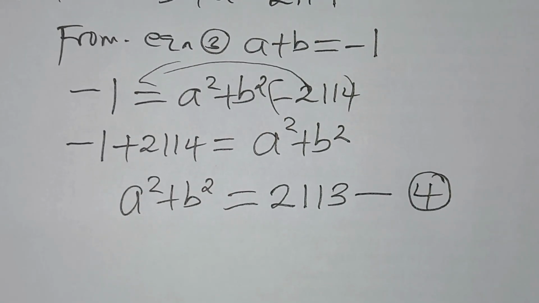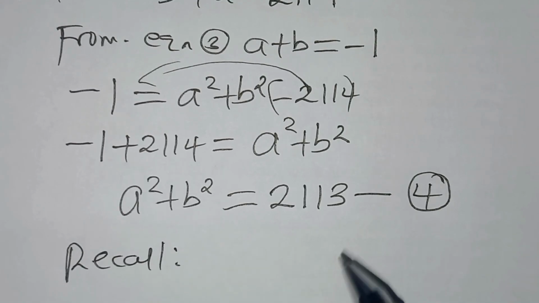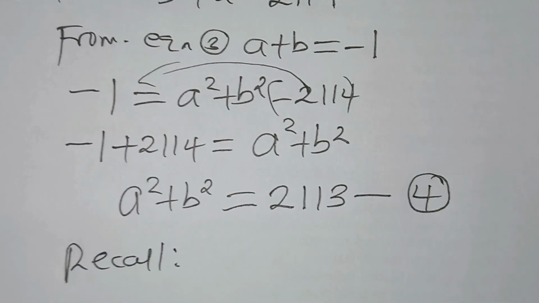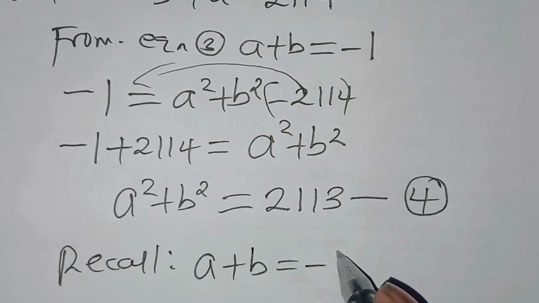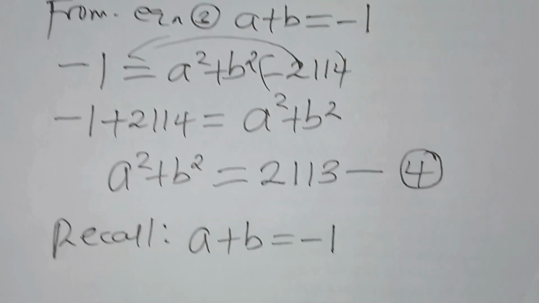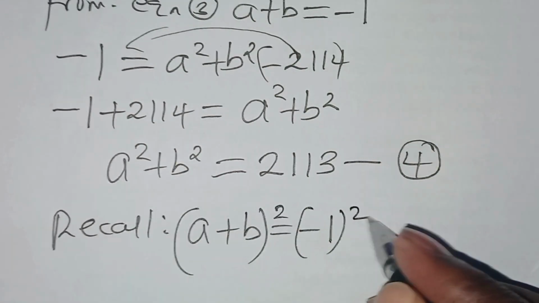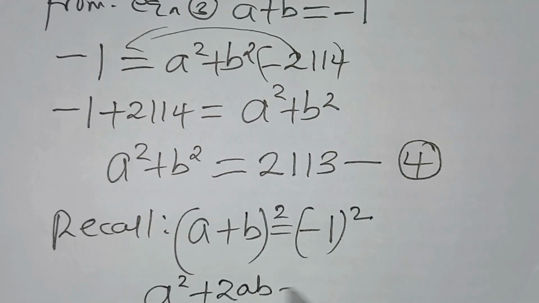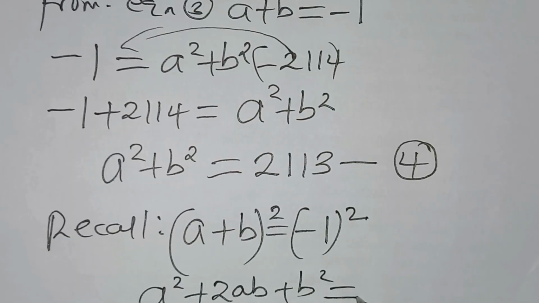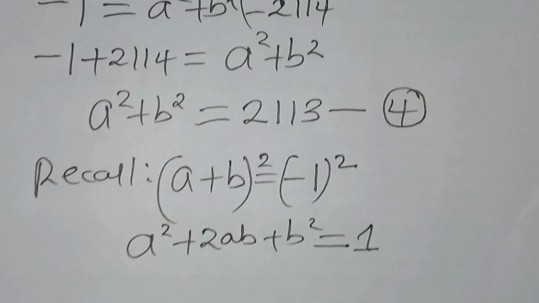Now, the next step from what we have here, now if you recall from equation 3, we have that a plus b is equal to negative 1. So let's square both sides from here, so that here we'll have a squared plus 2ab plus b squared. This is equal to 1. Negative 1 squared is 1.